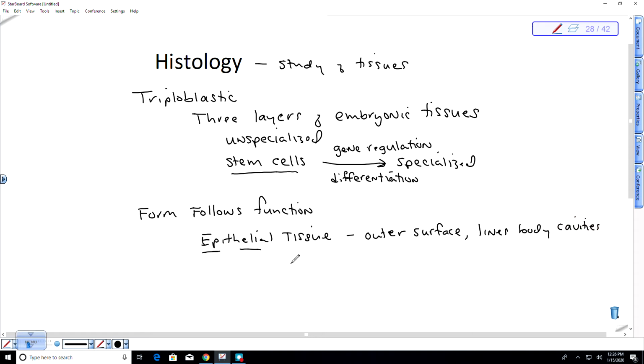So all the way from the mouth to the anus in our digestive tract is actually lined by epithelial tissue. So a good example of how form follows function is we have stratified epithelial tissue. And this means that it has many layers.